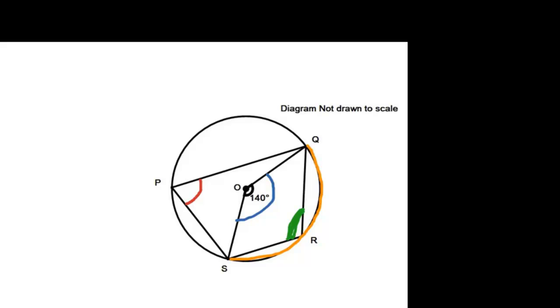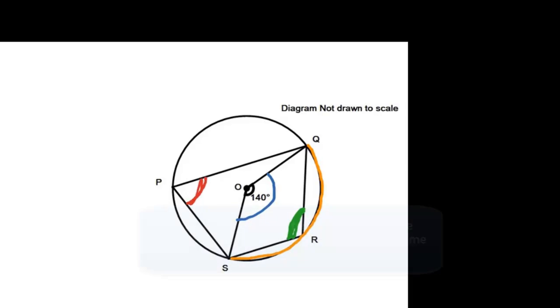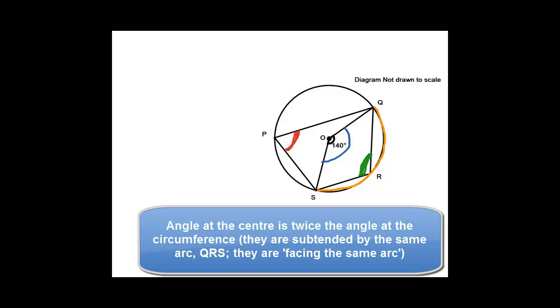Now which angle at the circumference is also facing that arc? Or we say they're subtended by the same arc. It's this one here, QPS. So we can say that QPS is a half of 140. So we can divide 140 by 2, we get 70 degrees.